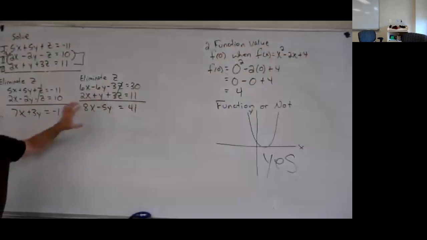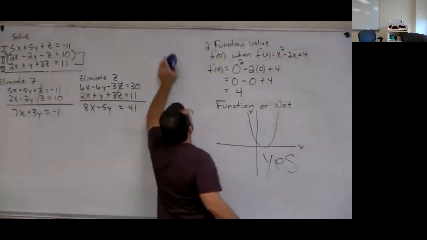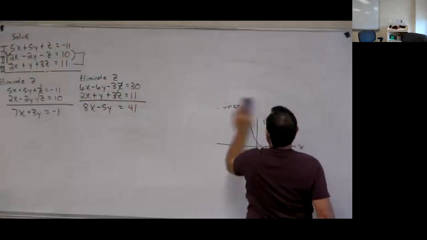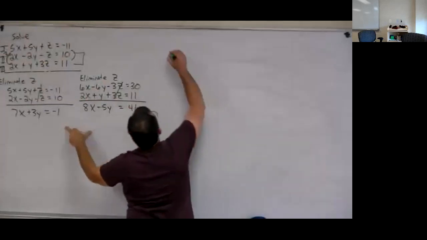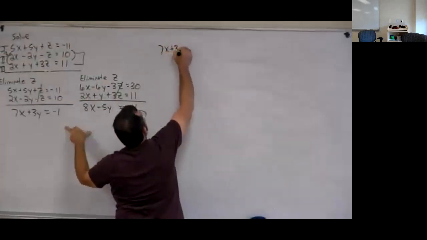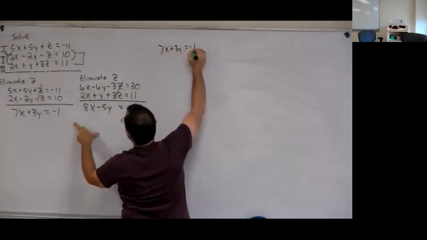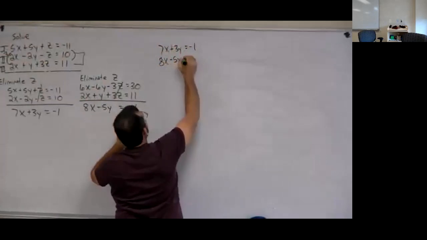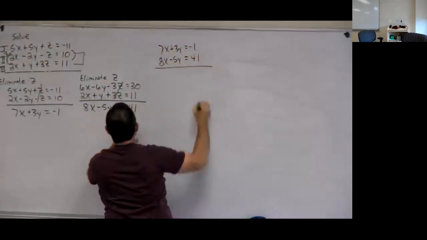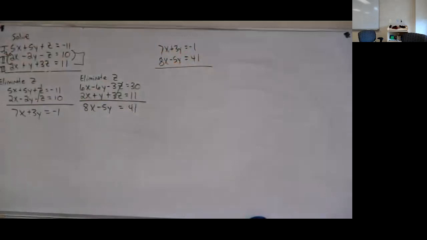So now we've got to use these 2 equations and start a 2 by 2 system. So bring over your 7x plus 3y equals negative 1, and 8x minus 5y equals 41. All right, so on this one, I've got to change both of the rows because 7 and 8 don't cancel, 3 and 5 don't cancel.